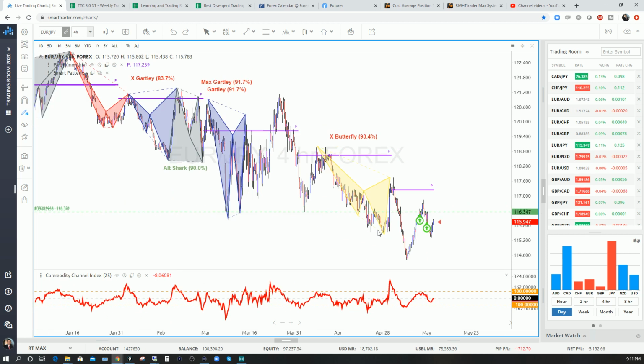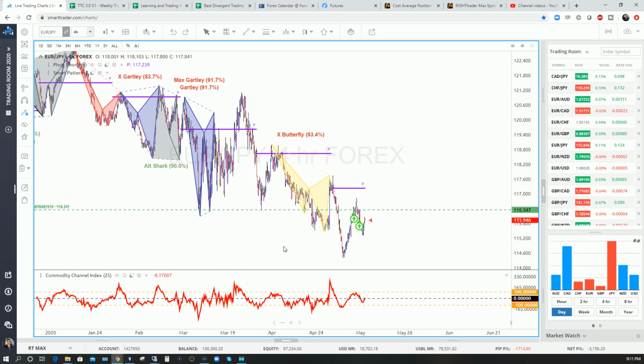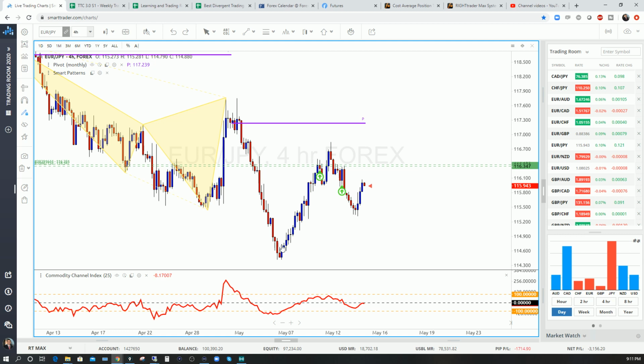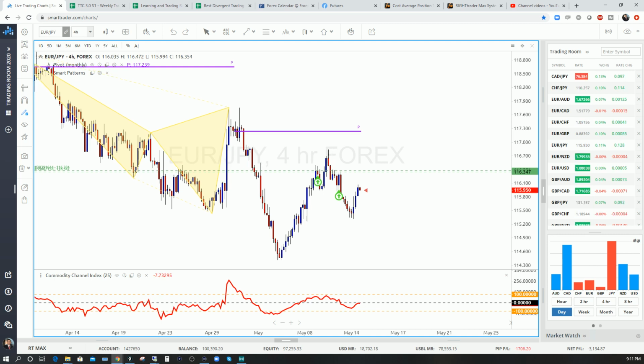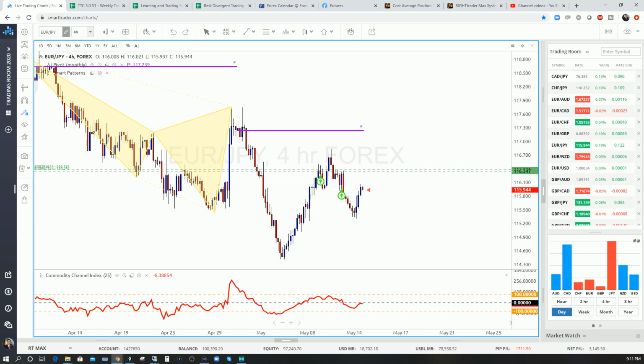Go back to the 4-hour, and the 4-hour is not giving me the intraday move that I want to see. If anything, this was a big divergence over here. This was actually the big smart money. This was where the smart money was really at right here. That's where they got into the move. I'm going to stand aside on the Euro JPY.